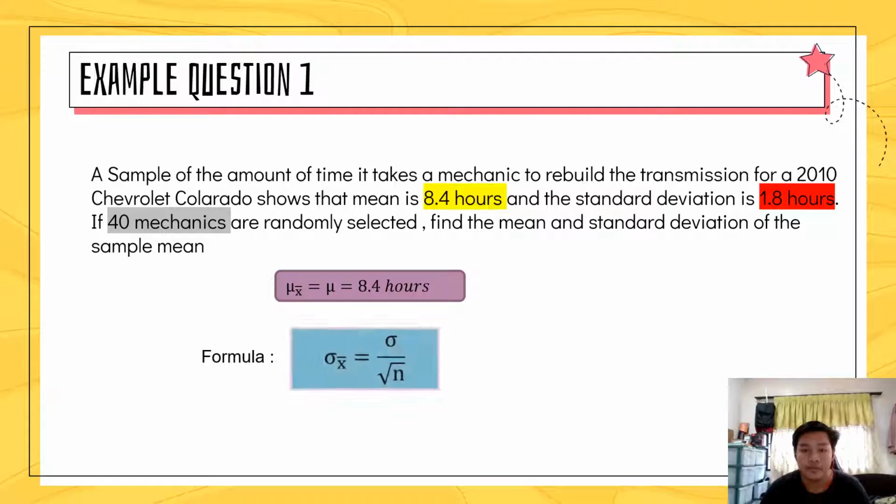And then for the standard deviation, after implementing this formula, 1.8 divided by the square root of the n sample, we will get that the standard deviation is 0.2846. So I think after we have the data and we implement it in the formula, it will be easier to find the mean and the standard deviation of the sample mean.